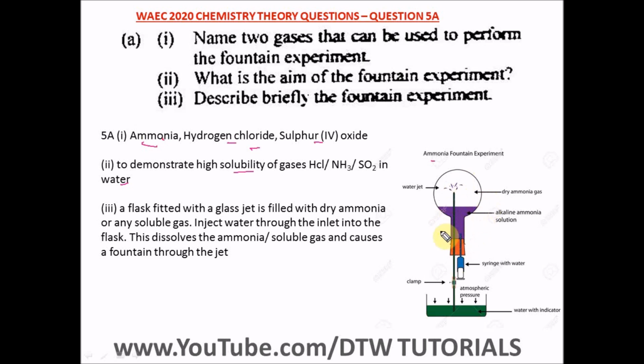Into the flask. The flask has dry ammonia gas already. We inject water through the inlet into the flask. Now this dissolves the ammonia gas and causes a fountain through the jet. The water you've injected will dissolve the ammonia or the hydrogen chloride or the sulfur oxide and cause a fountain through the jet. So this is how the fountain experiment works. You have a picture by the side here to show.